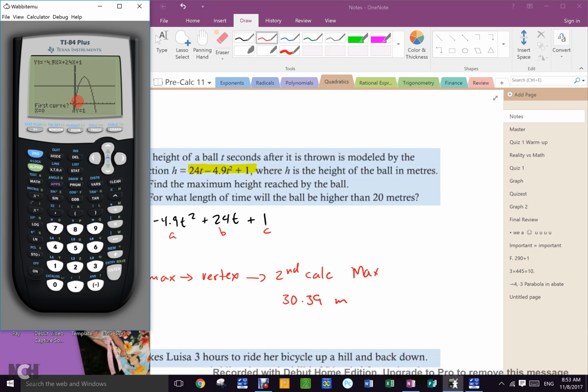So, on the first curve, right? It says first curve. And see I'm on the parabola? So there's the first curve, yes? I'm going to hit enter. Because I want the intersect between the first thing and the second thing.